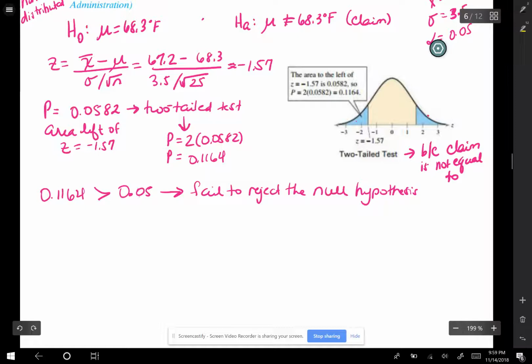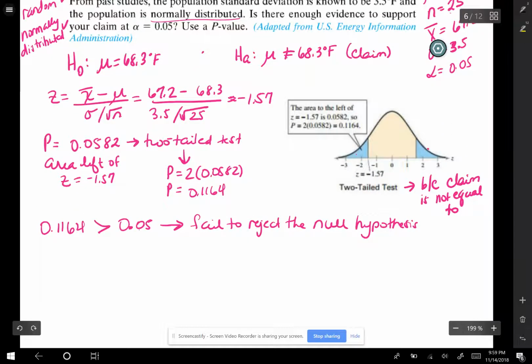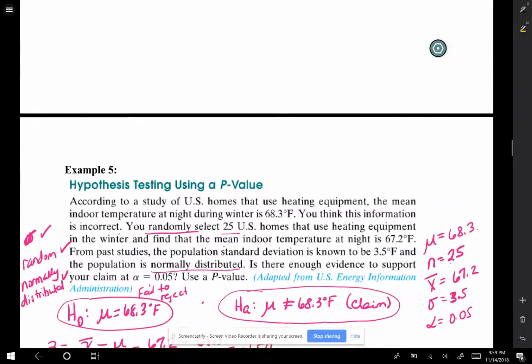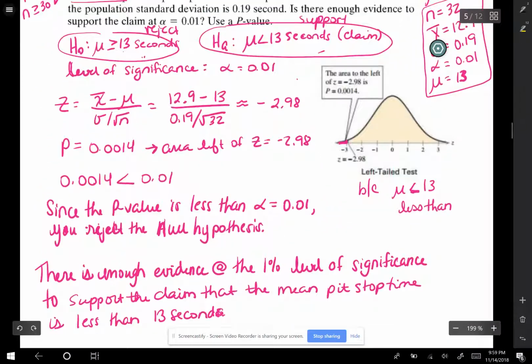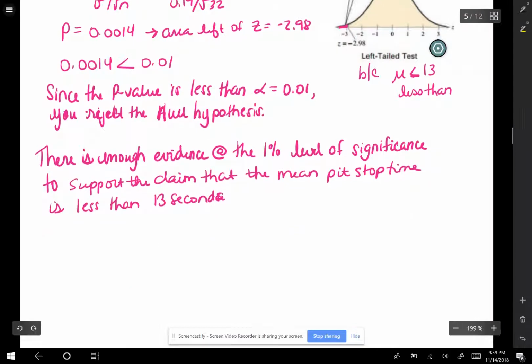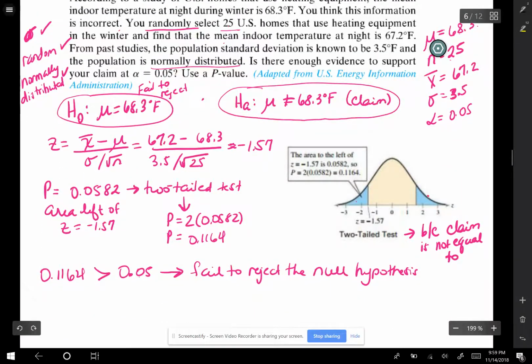So our interpretation would be, if we fail to reject it, that means we cannot support our claim. Like on the previous one, we rejected it so we could support our claim. On this one, because we failed to reject it, we cannot support our claim.